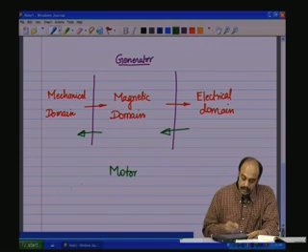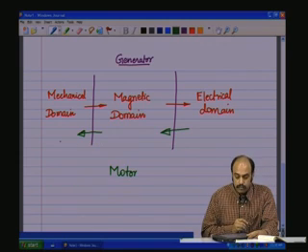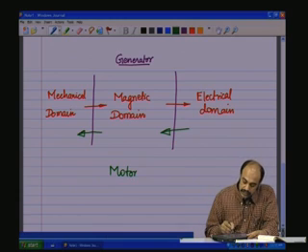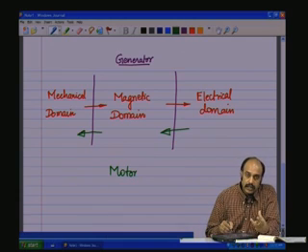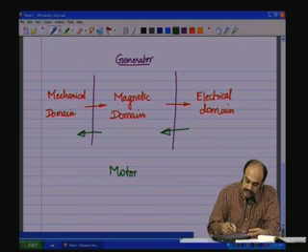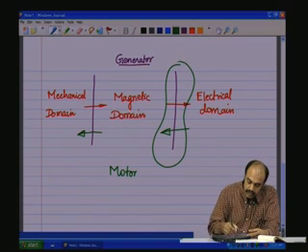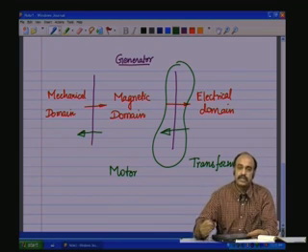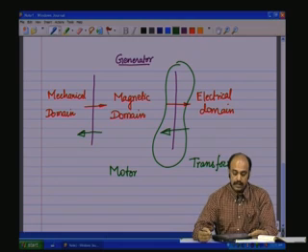The green arrows indicate the motoring direction for the energy flow. You see that for the electrical to magnetic to electrical domain, the principles here are very similar to that of a transformer. All the transformer principles, Faraday's laws of electromagnetics, all those things are valid.